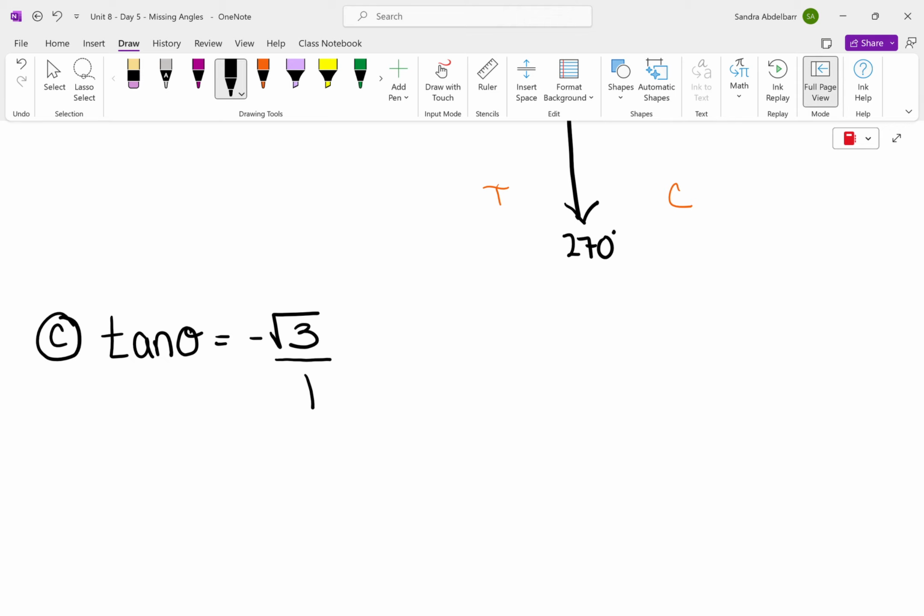So the letters represent what's positive. So here the A means everything's positive here, all of them. The S here means sine is positive, and the T here means tangent is positive, and the C here means cosine is positive. So where the letters are, that's what's positive. So where it's not, that's where it's negative. So tangent is positive in quadrant 3 and in quadrant 1, so it's negative in these two.